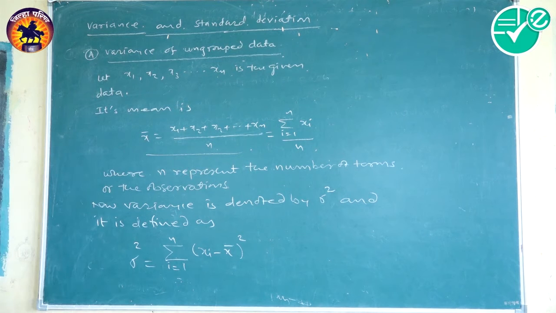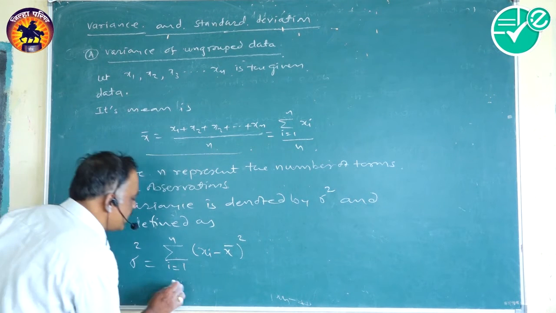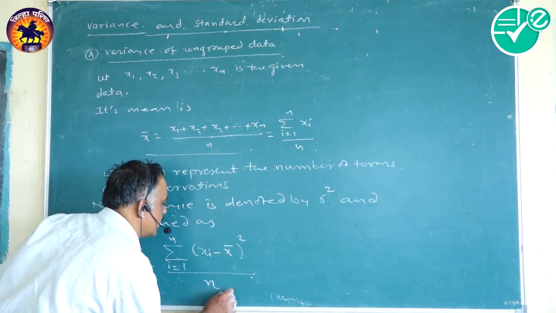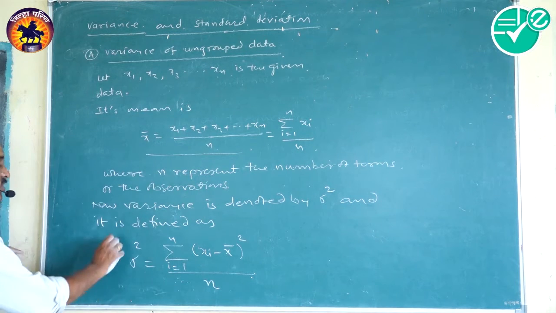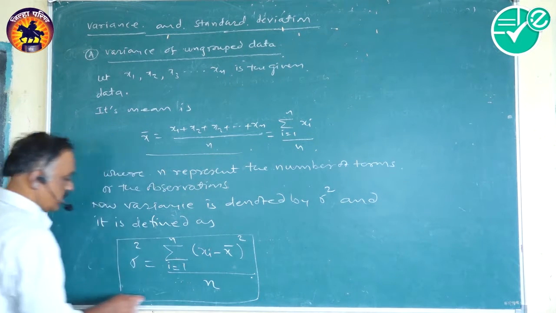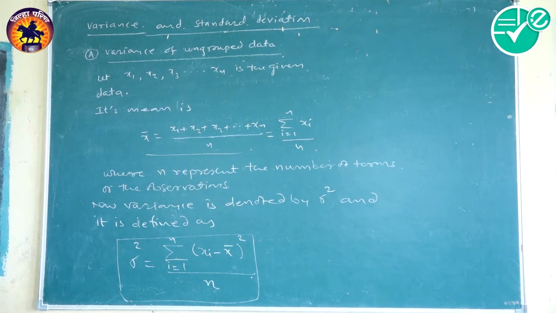Now we are using the squaring of the term. We are going to square it and then divide it by small n. This gives you the variance.